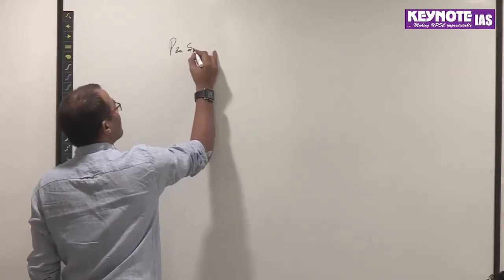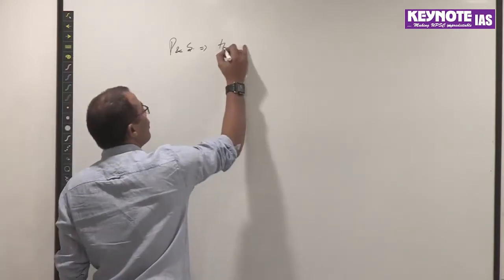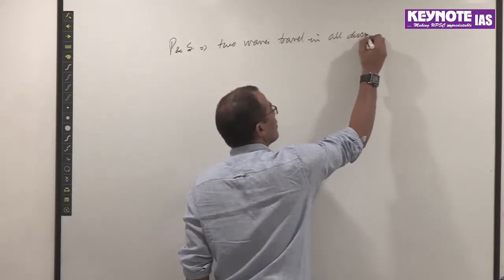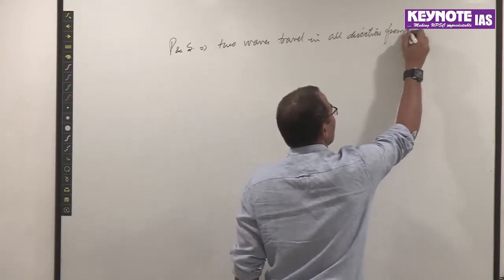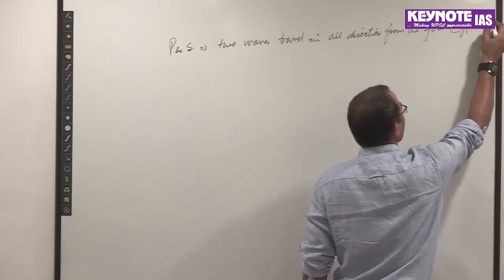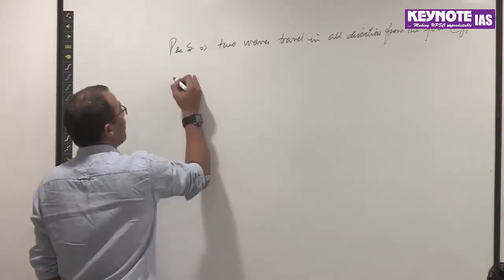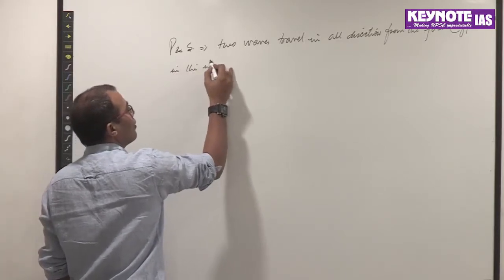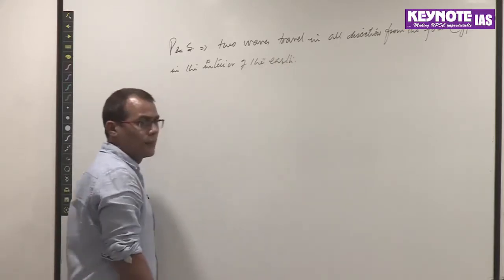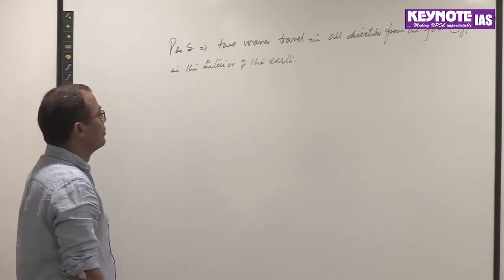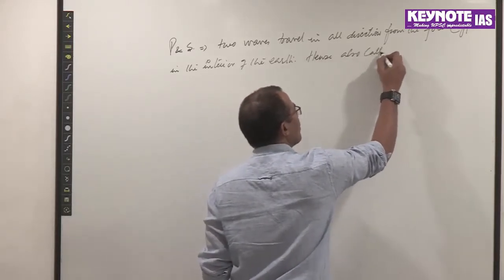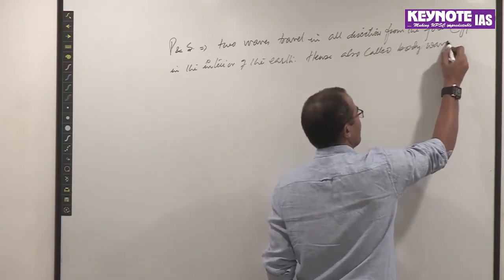P and S are the two waves. These two waves travel in all directions from the focus or hypocenter in the interior, hence also called body waves.